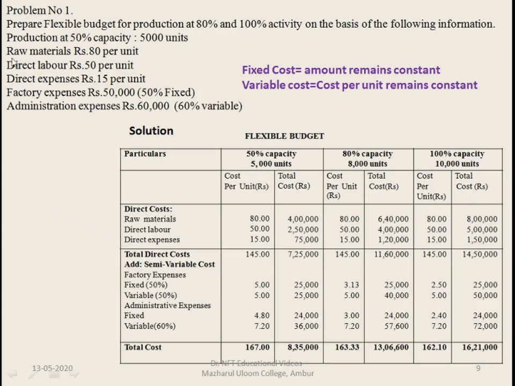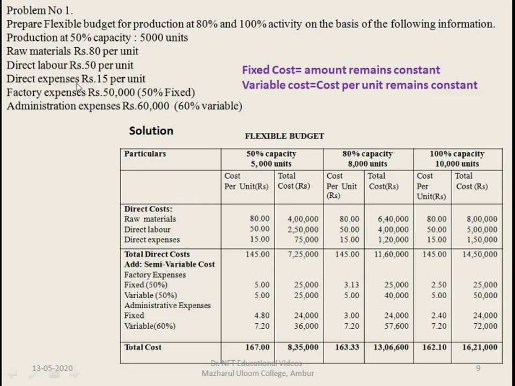Now let us see what expenses have to be taken into consideration. The first one is raw materials. As I told you already, raw material, direct labor and direct expenses, these three are variable cost.